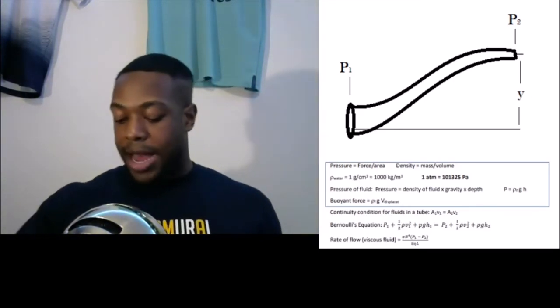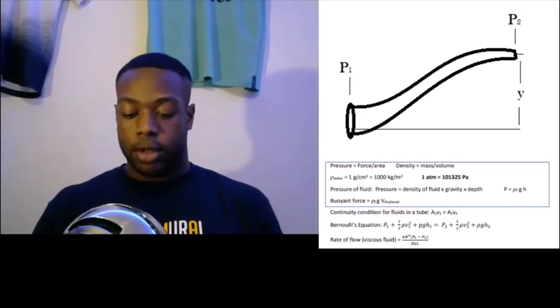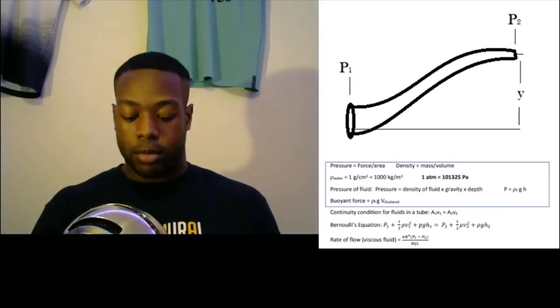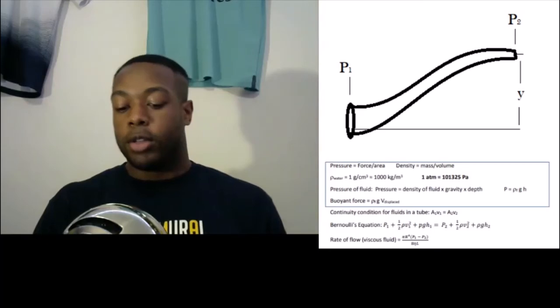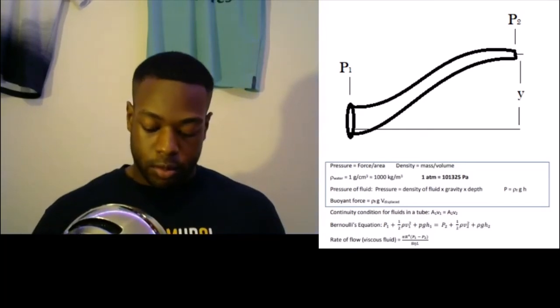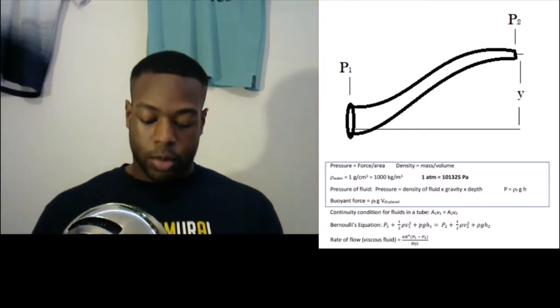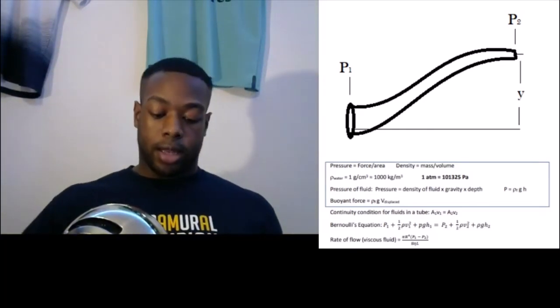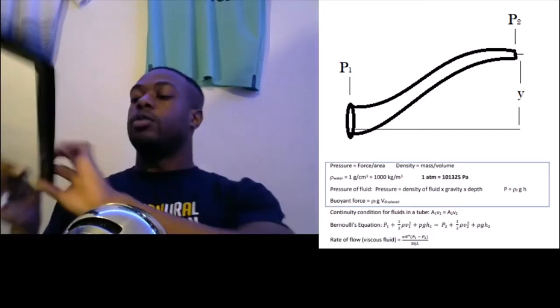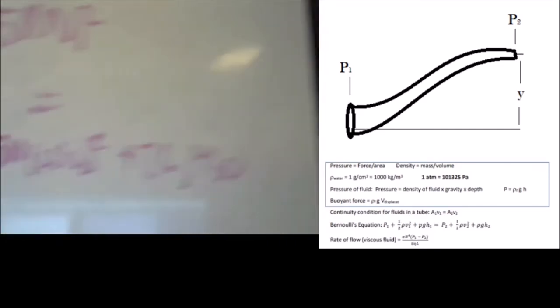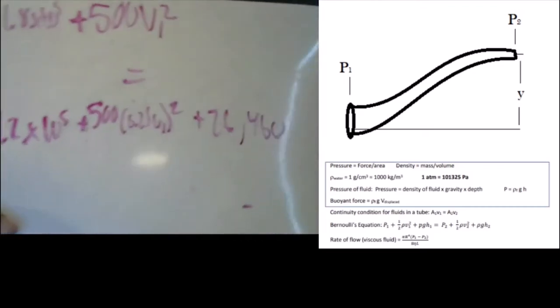And 1,000 times 9.8 times 2.7 should be 26,460. And this is what we're dealing with now. Just put in all our values and simplify it a little bit.